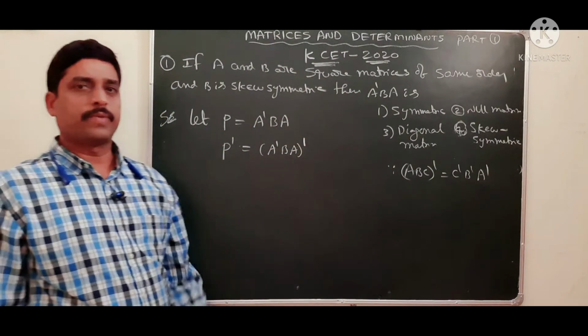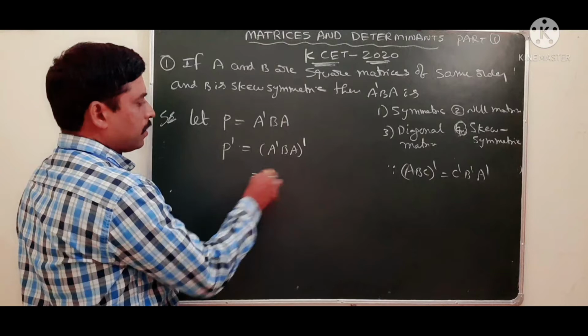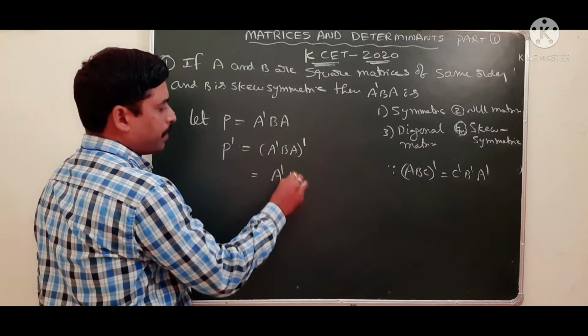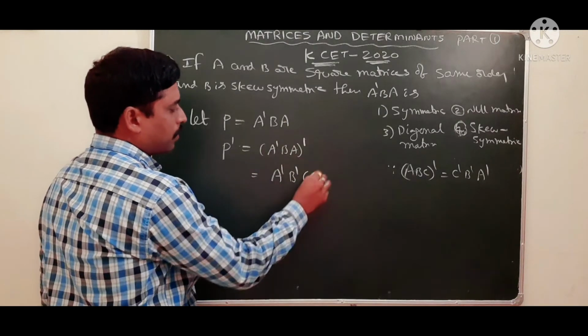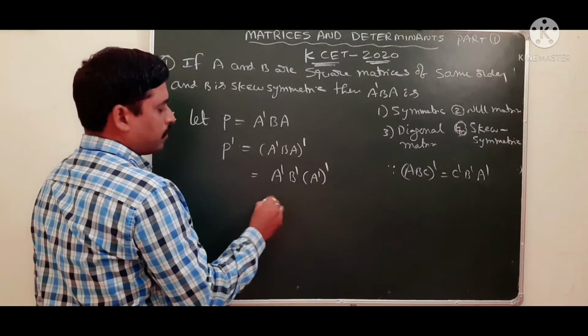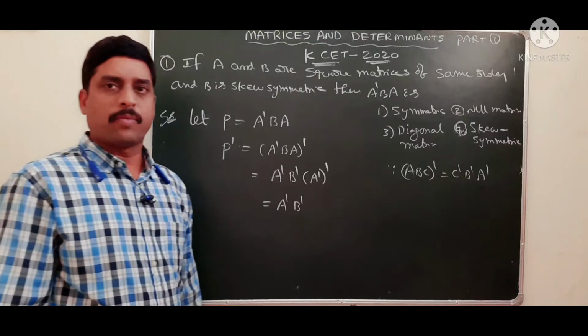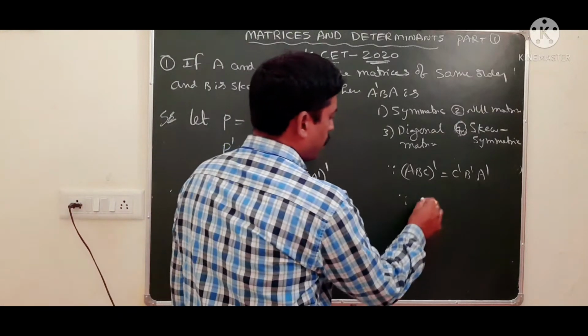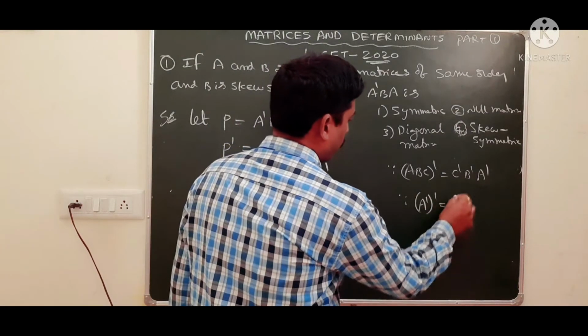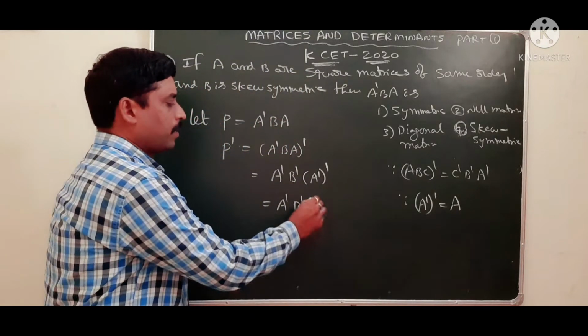According to this formula, we write A dash into B dash into A dash whole dash. By the transpose property, A dash whole dash is equal to A. So this will be equal to A.